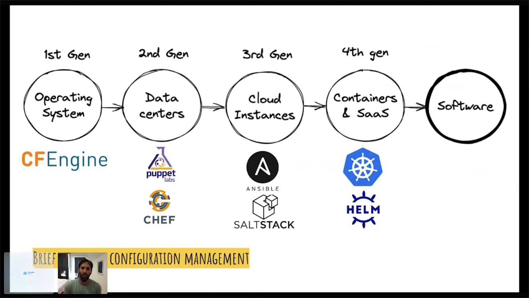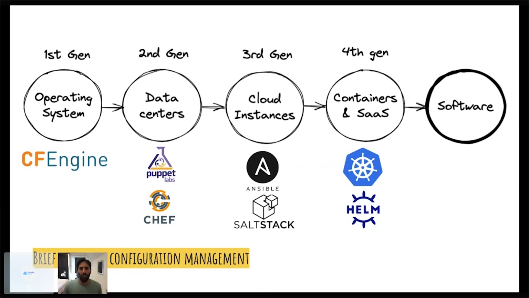But then we entered the cloud with EC2, and we started to see ephemeral instances, either with spot instances or with dynamic auto-scaling, and we needed a fix for that. So Ansible and SaltStack were introduced with two different approaches.